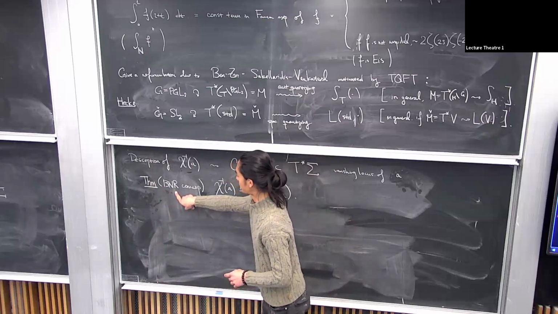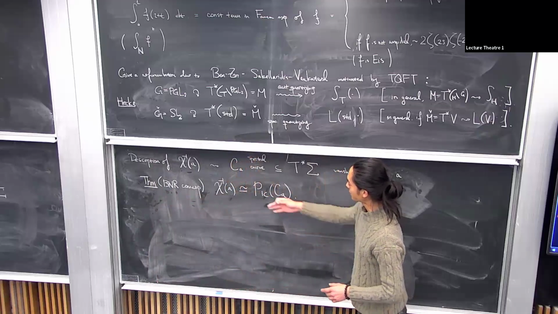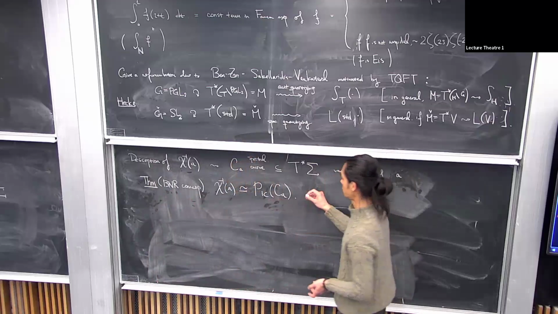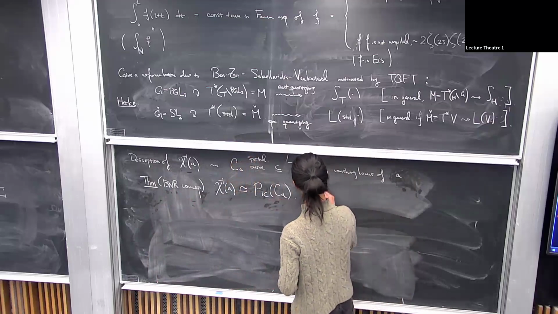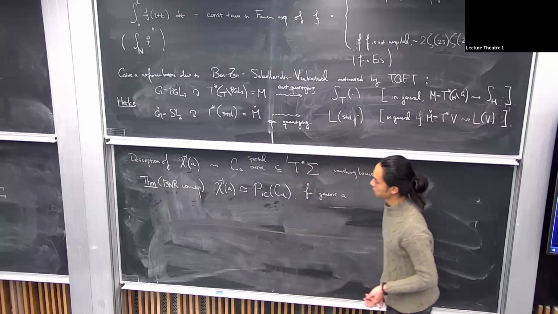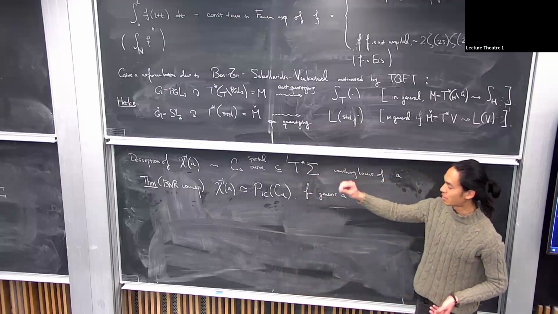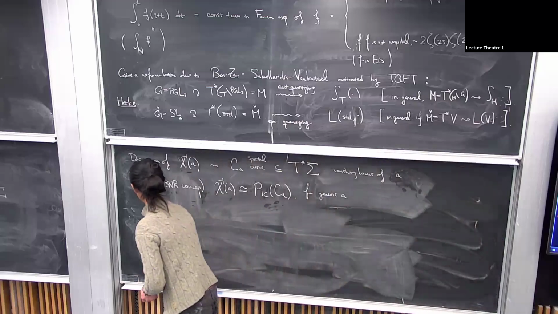Beauville, Narasimhan, Ramanan. So they say that basically all the fibers are tori, or generically so. Okay. So this Hitchin moduli space looks more or less like this.